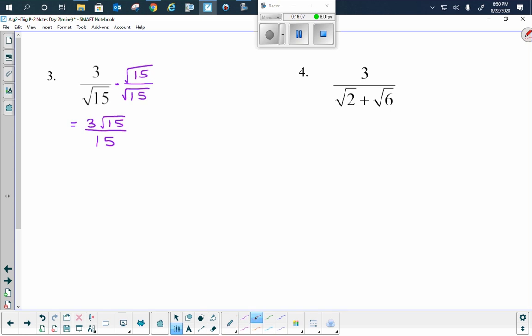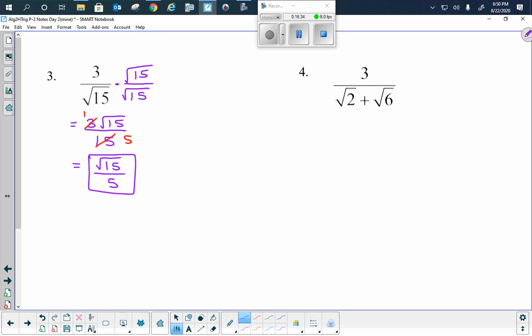So I'm looking at the 3 and the 15 reducing to 1/5. That's what I'm thinking without writing it typically, but you can only hear me, you can't see what I'm pointing to, so I have to write that. So my final answer would be square root of 15 over 5. That would be a fully reduced answer with my horizontal fraction bar. There we go. All right, so number 4.